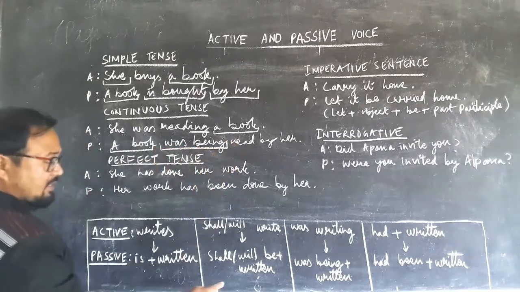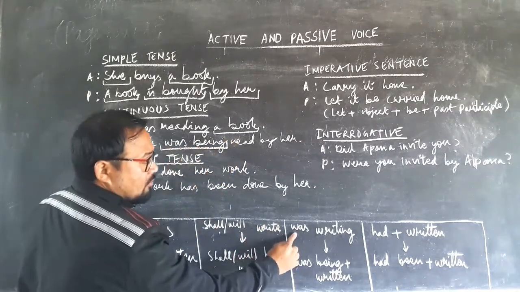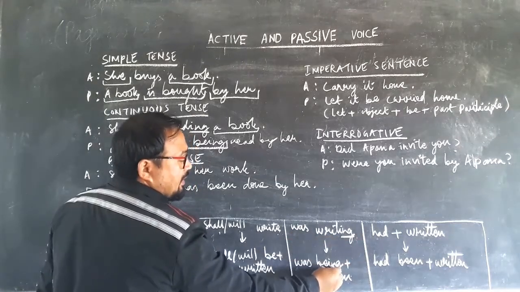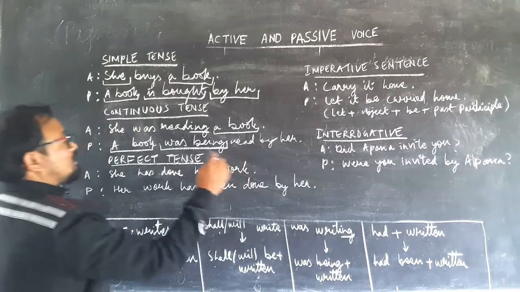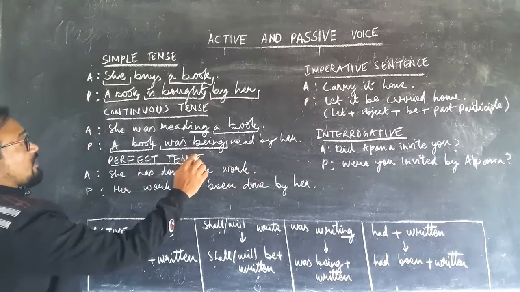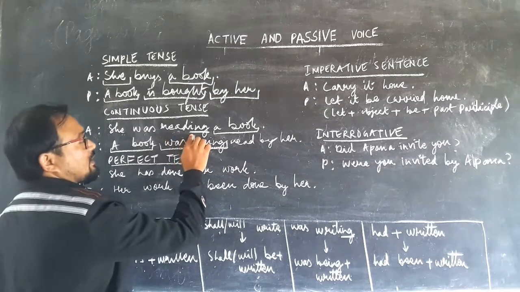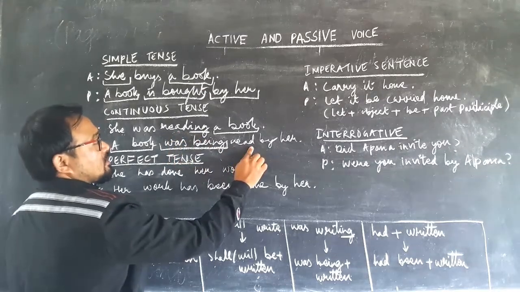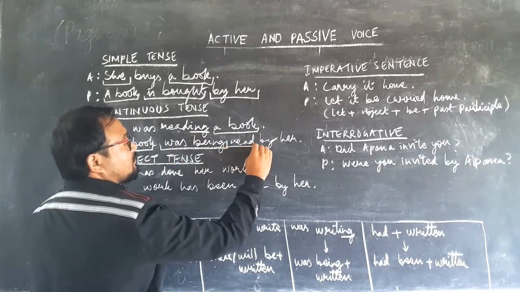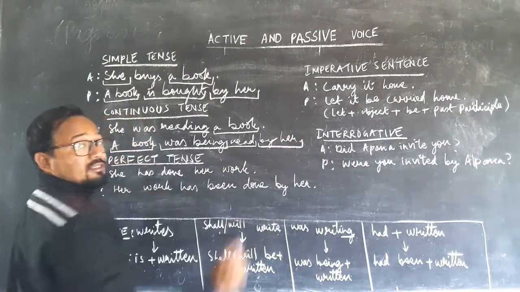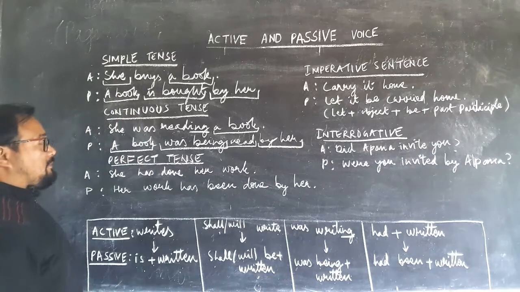Where I have taught was, if there is an ing form, you have to apply being and the past participle form here, that means was being came here. And the past participle form of read will be read, so being read by her, applying the same method.